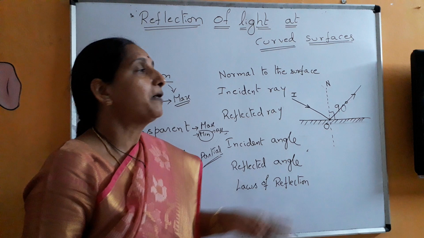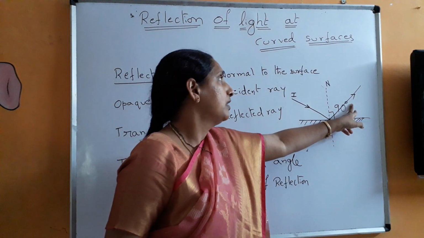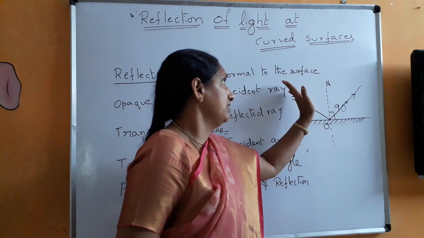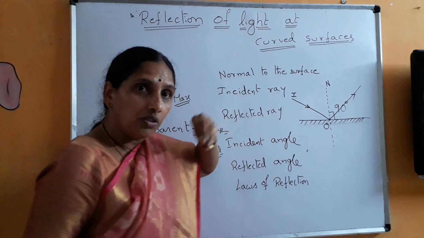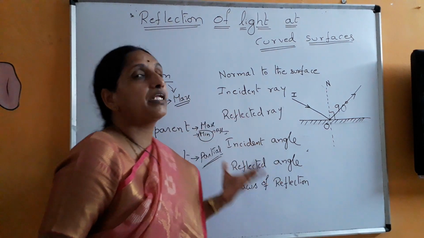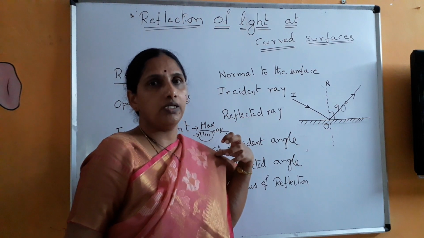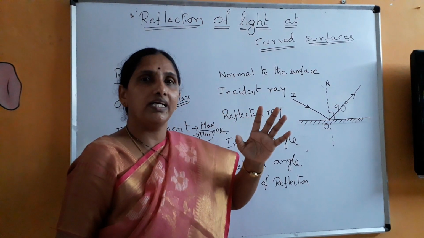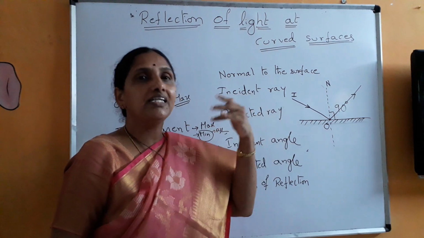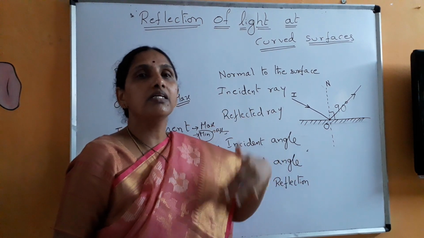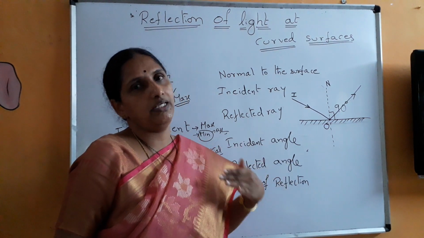Now you may ask, ma'am, why did you draw it like this? Why can't it be reflected back? See, we are able to come to conclusions and frame laws based on our observations only. In the beginning I said, if a ball is made to hit the surface, how does it get reflected back? In a similar manner, the light behaves.